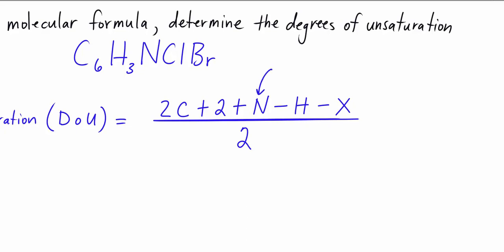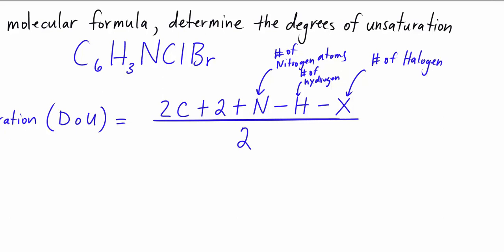So this is the number of nitrogen atoms, this is the number of hydrogen, and this is the number of halogen, your fluorine, chlorine, bromine, your group 7 elements.